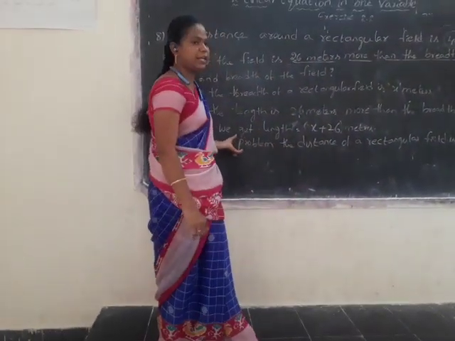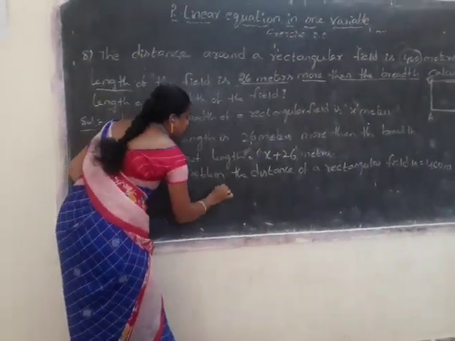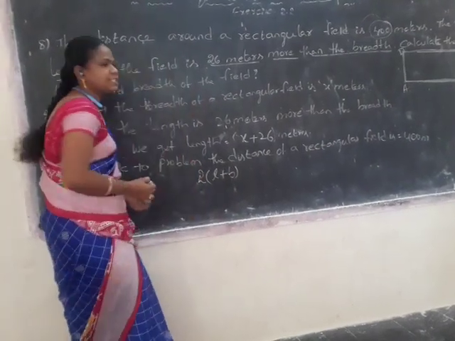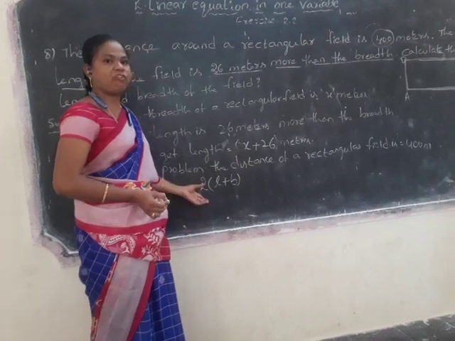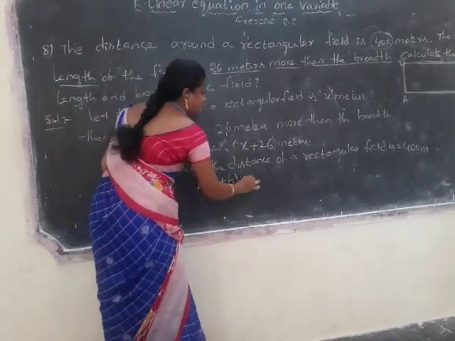It is given in the problem. But the perimeter of a rectangle is 2 into (length plus breadth). It is the formula for the perimeter of a rectangular field.